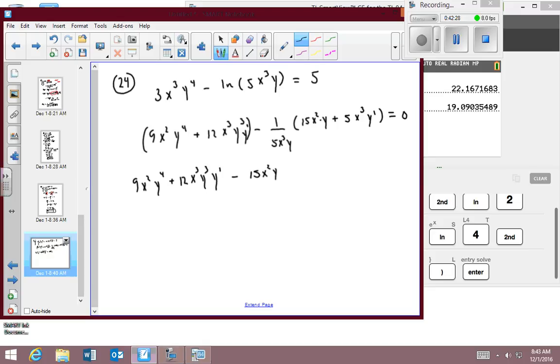Then it's minus 5x cubed y prime over 5x cubed y.